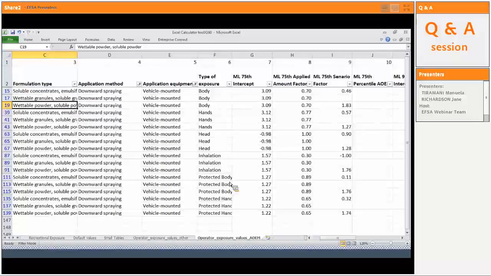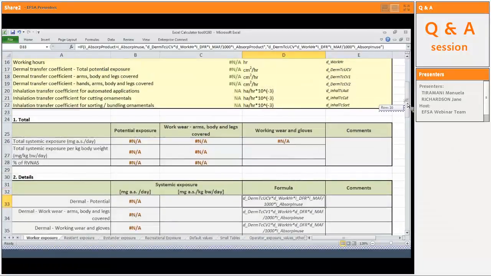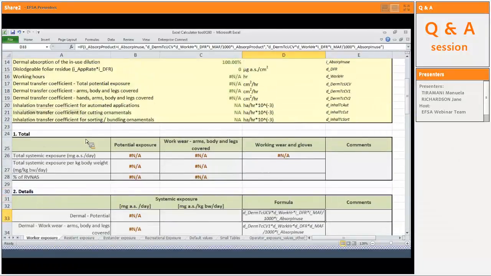There's another question on drip irrigation and greenhouse. A good point. For greenhouses, currently, we don't have any scenario in the guidance, except for a brief scenario for the workers. If we look here, we do consider a very limited set of activities in relation to ornamentals in greenhouses.